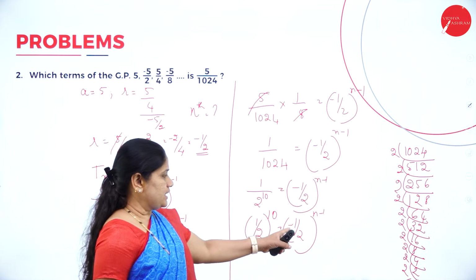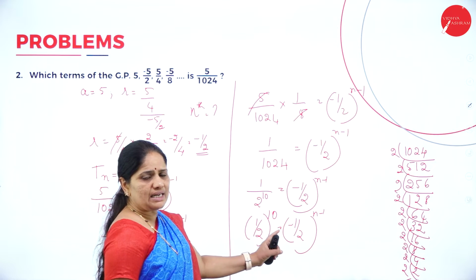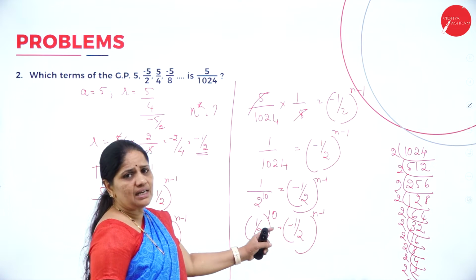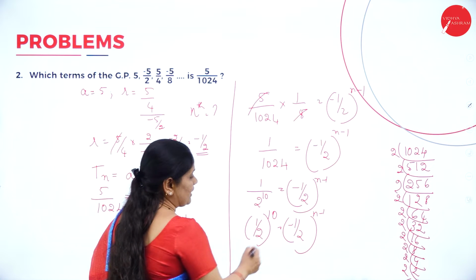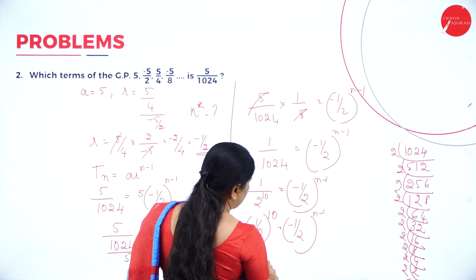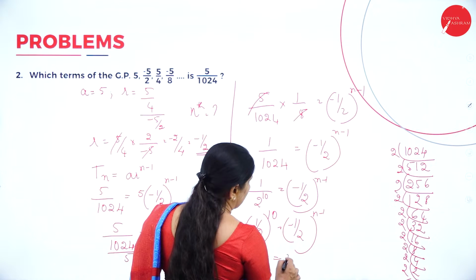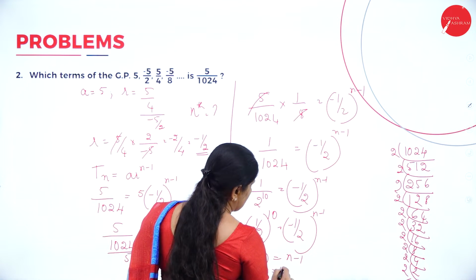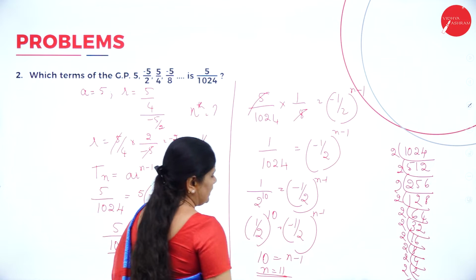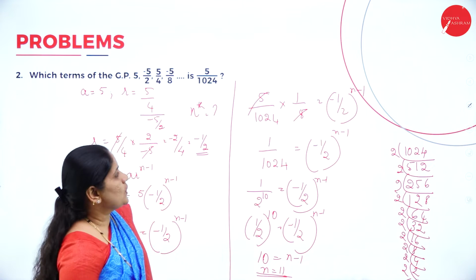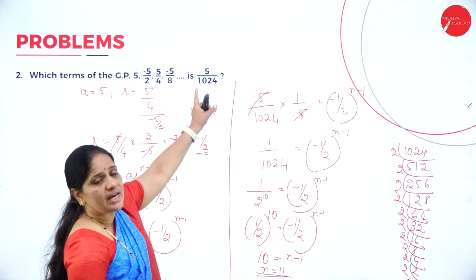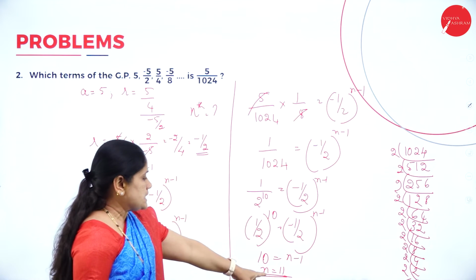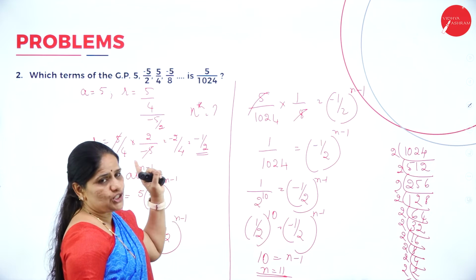Whenever there is a negative sign or any sign in the base, you can neglect it. When the bases are same, the powers can be equated. 10 equals n minus 1, n equals 10 plus 1, so n equals 11. So, 5 by 1024 is the 11th term of the GP.